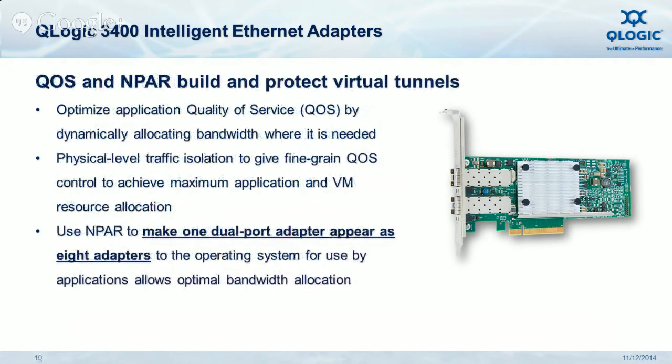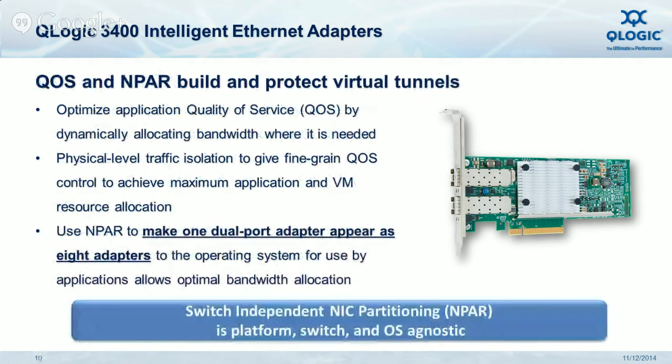So next, let's talk about quality of service and network partition, or NPAR. So quality of service, for those of you in the audience that are Ethernet users, you've probably encountered QoS before, storage administrators as well. This is a way for you to not only put multiple segments of traffic on one pipe. If you look at the card on the page here, each one of these jacks on the card is an RJ45 jack where you can pop in a copper cable.